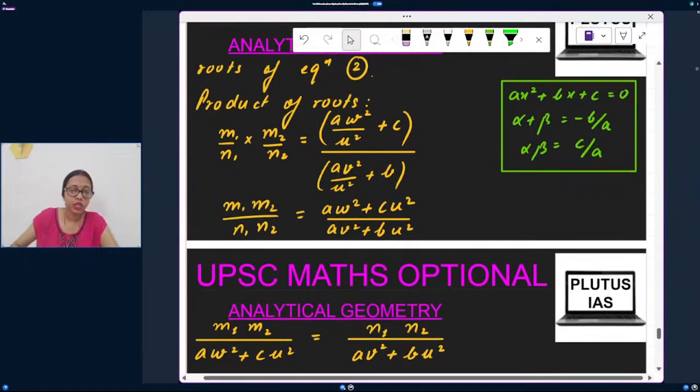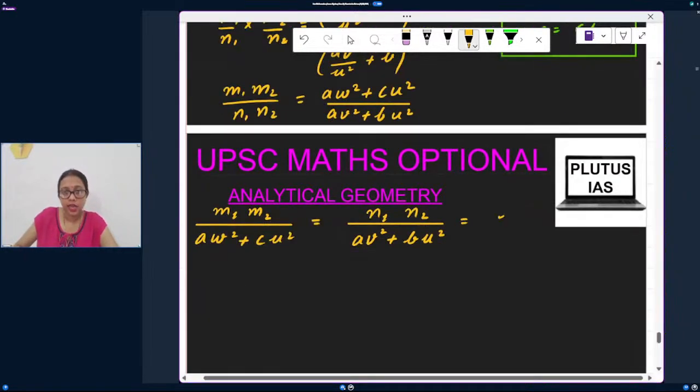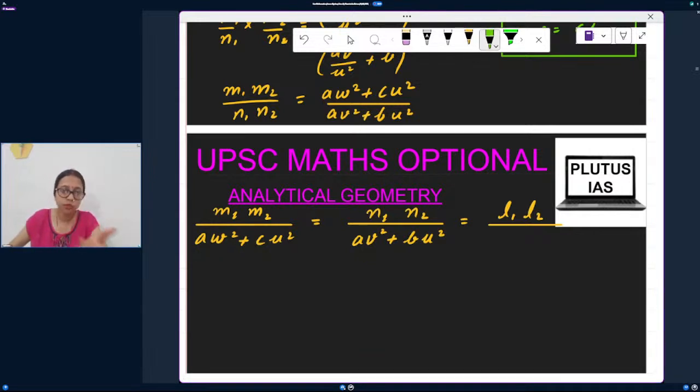Instead of that, you can write it as L1 L2 divided by, just follow the symmetry. Try to see what symmetry it has from m1 m2 and n1 n2, because it will be the same for l1 l2. Sometimes it does not strike you obviously.